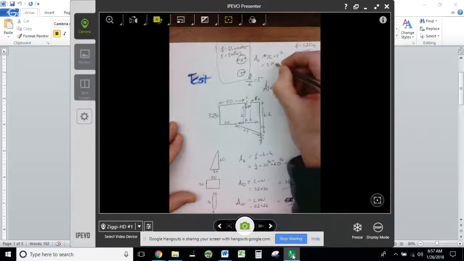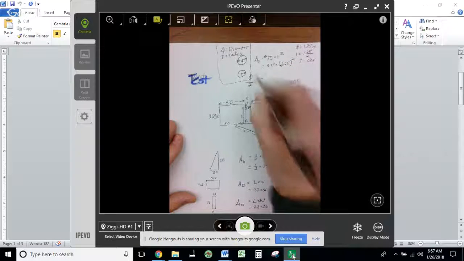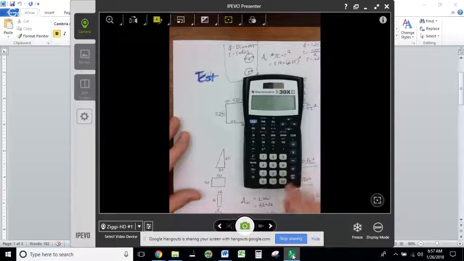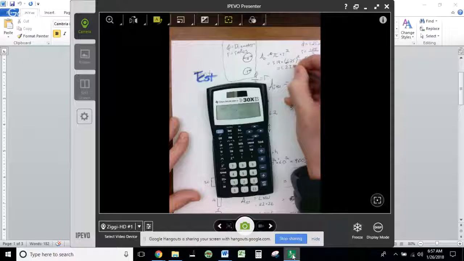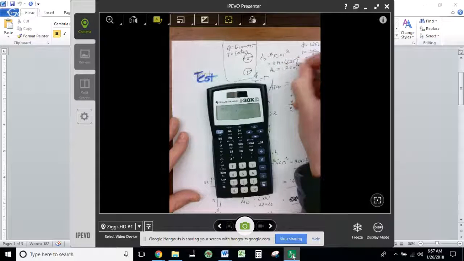So I'm going to go 0.625 squared. So how do I type this into my calculator? Well, if you have a calculator like this, it's very easy. You can even go pi, because they have a pi button, multiplied by 0.625, and then squared. 1.23, I would round that to. Inches squared, again, because we're using area of a circle.